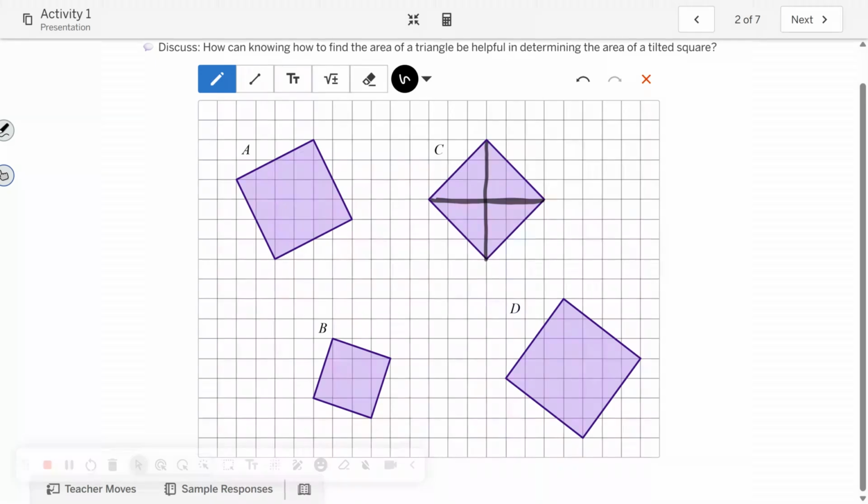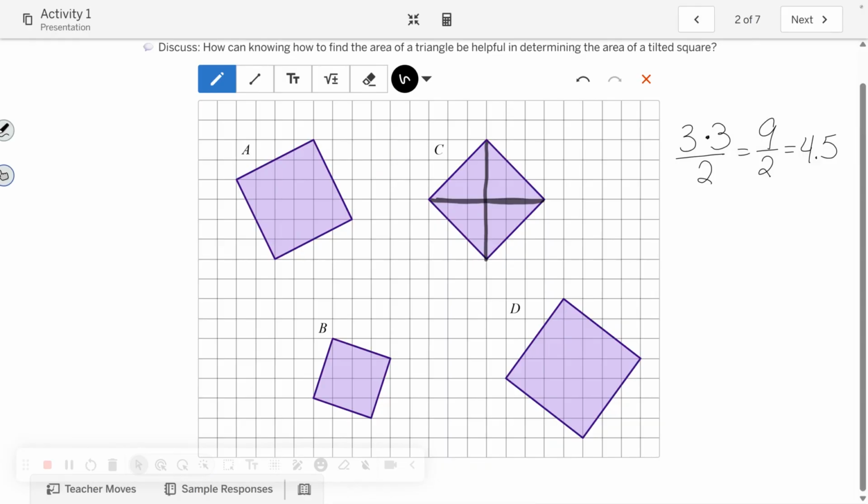So let's see, this triangle has a base of 3 and a height of 3. So I need to do 3 times 3 divided by 2 because we're doing a triangle. 3 times 3 is 9, divided by 2 is 4.5. So each of these triangles is 4.5 units squared.